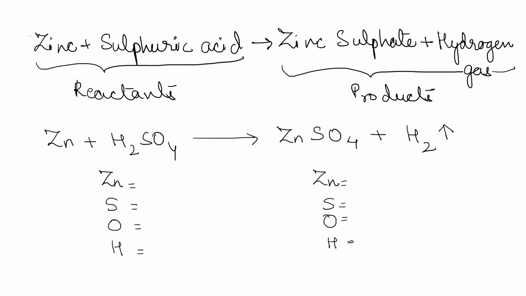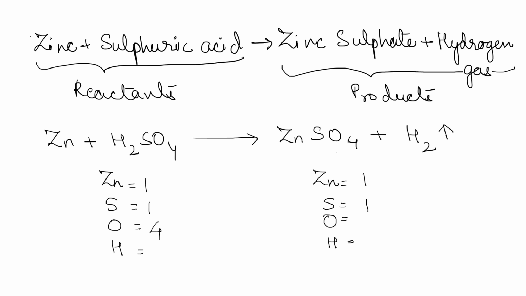Then let's count the number of atoms of each element on left hand side and right hand side. Here on the left hand reactant side, zinc, how many atoms of element zinc? 1. On the right hand side also 1. Let's see sulfur. Sulfur is 1. And on the product side also it is 1. How many atoms of element oxygen? 4.